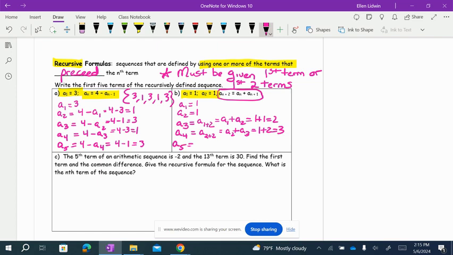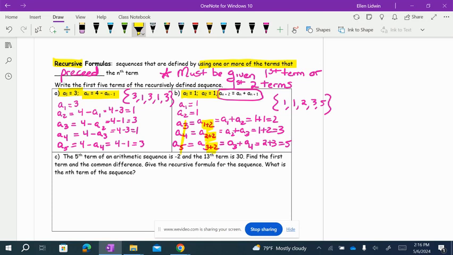A sub 5 is going to be equal to a sub 3 plus 2, which is a sub 3 plus a sub 4. So you're going to have 2 plus 3, which is 5. So your sequence is going to be 1, 1, 2, 3, 5. Again, the hardest part, even though it's a plug and chug, is to keep track of those subscripts. Notice, even though you were doing 3, 4, 5, it's what summed up to 3, 4, 5.